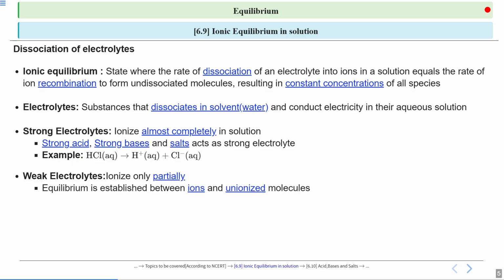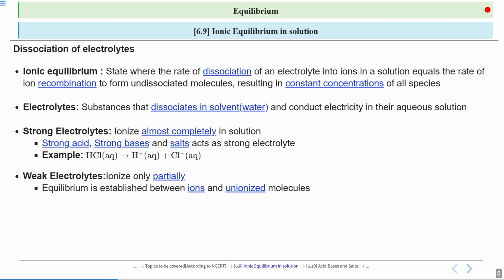Now, the equilibrium is established between the ion and an unionized molecule. So this ionic equilibrium is more valid for weak electrolytes, because for strong electrolytes we don't have any such situation. You can call the final dissociation of a strong electrolyte its equilibrium position after all of it is dissociated.